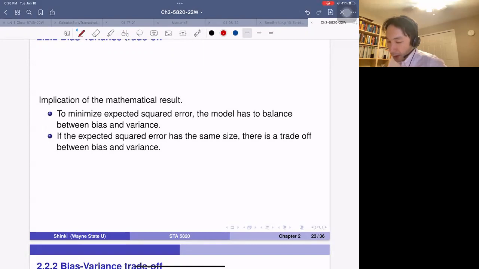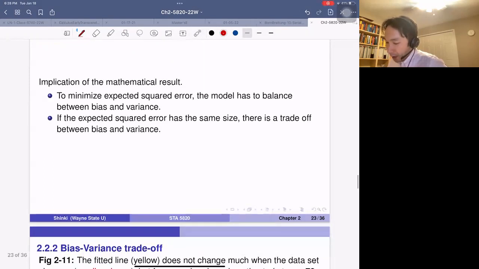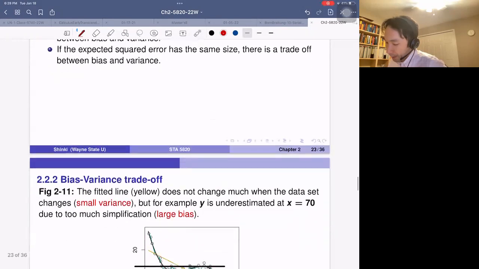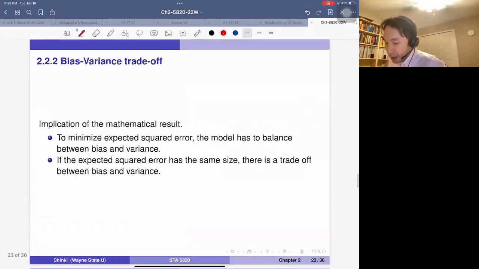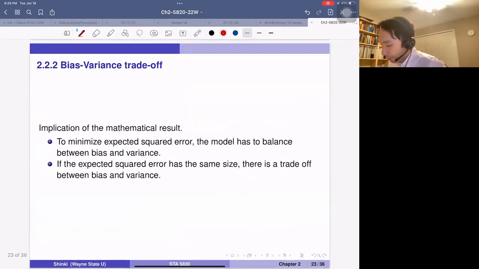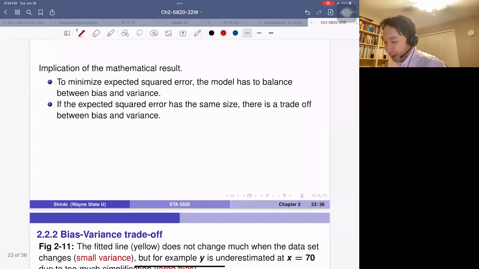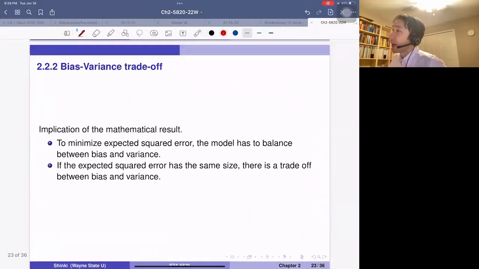So the implication: to minimize expected squared error, the model has to balance between bias and variance. If the expected squared error is the same, there is a trade-off between the bias and the variance. So if the test MSE has the same size for two models, then one model may have a smaller bias, but in such a case, a larger variance.